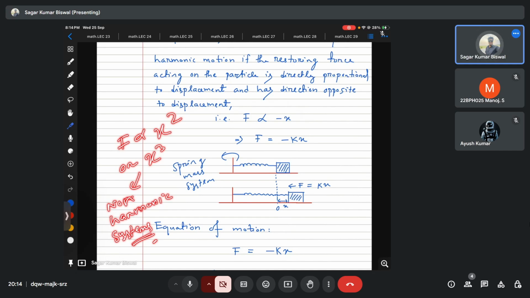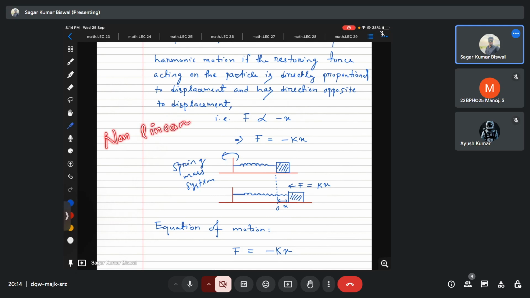This is known as non-linear dynamics. So that is a subject in itself, like mechanics or classical mechanics. In this subject, we study the non-harmonic systems or the non-linear systems.